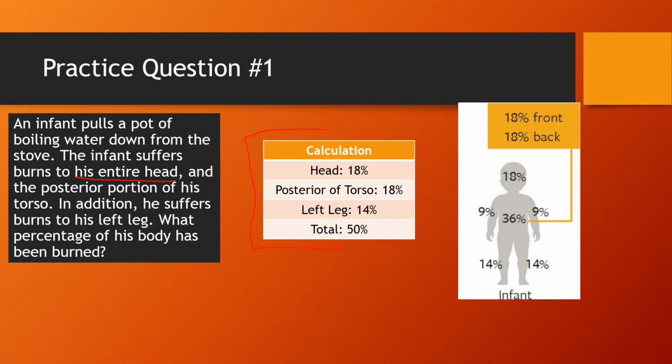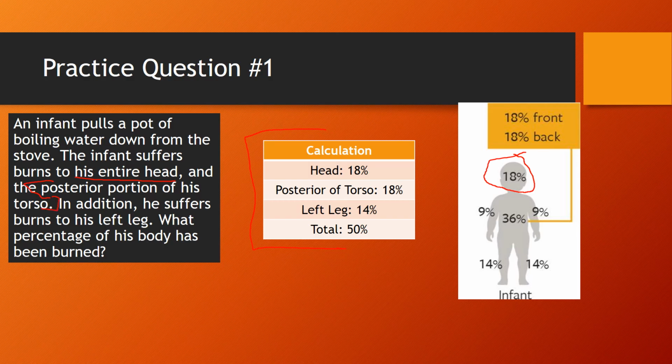So the entirety of his head, that's 18%. Remember, it's double in an infant than it is in an adult. The posterior portion of his torso: the whole torso is 36%, divided into 4. Your chest, abdomen, upper back, lower back, and it's saying the posterior portion of his torso.